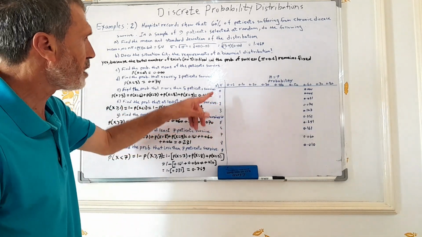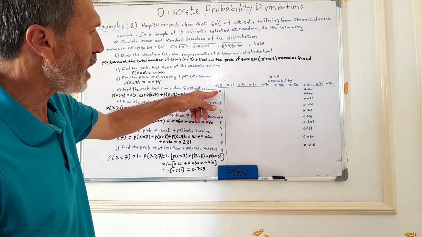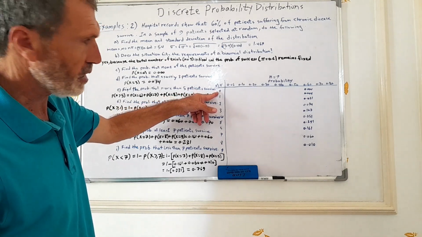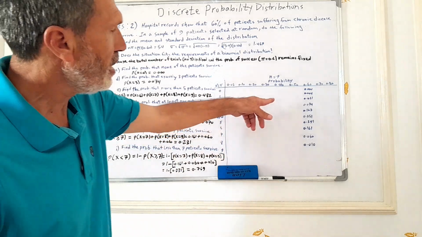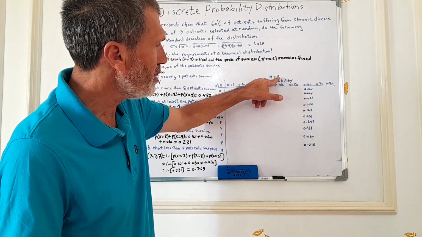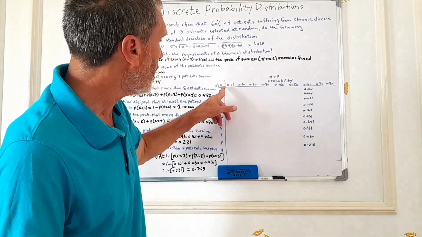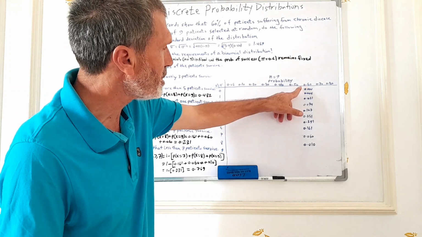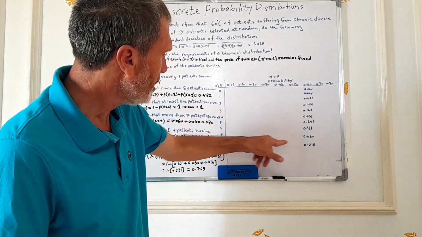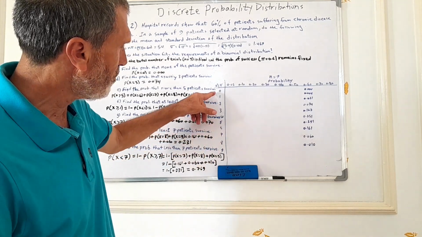We're talking about x, the random variable, which counts the number of successes. Then we have the probability. n equals 9 because we have 9 patients, and then you have here the probability of success 0.60. So you have all these numbers equivalent to those random variable values of successes.